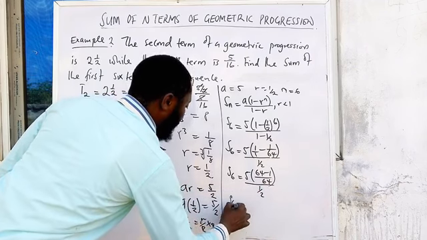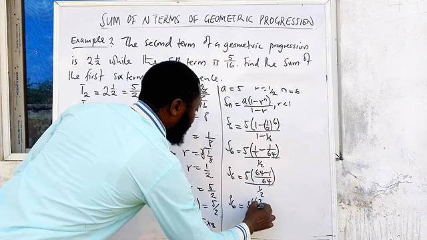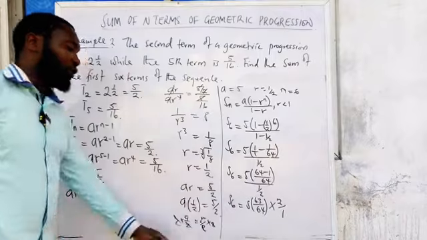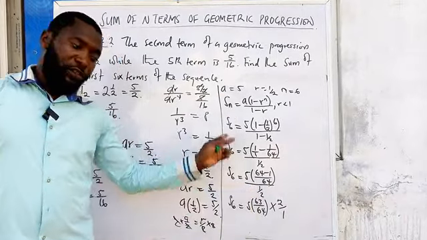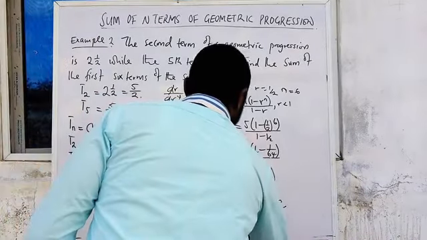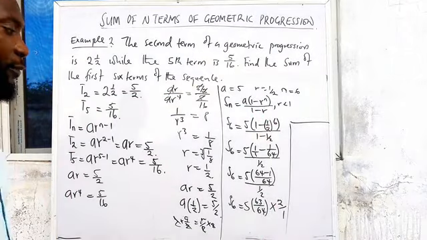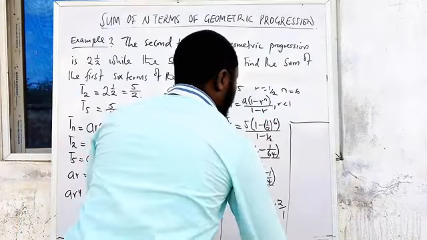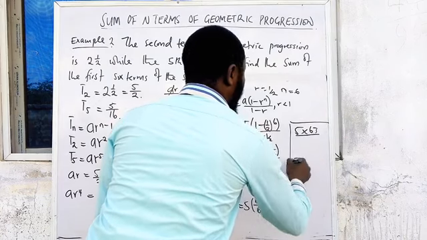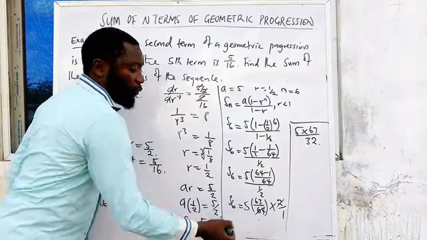Again, we have S6 equals 5 open bracket 63 divided by 64, multiplied by 2 over 1, because when you have a fraction in the denominator, you just take the reciprocal. So we have 5 multiplied by 63 divided by 32, since 2 goes into 64 thirty-two times.